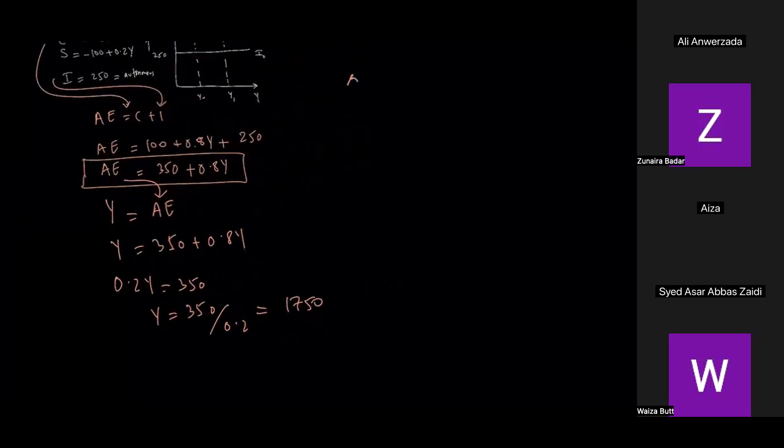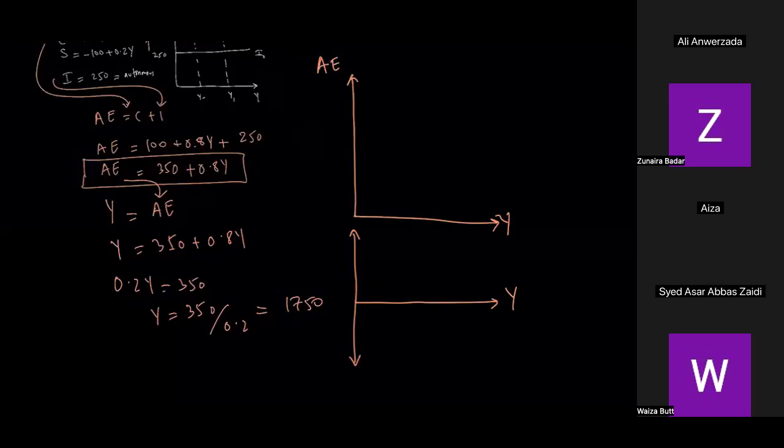But from the diagram perspective, if you see the withdrawals and injections function, we were looking at the idea that if this is your Y, this is AE, this is W comma J. So AE is equal to Y. This was my AE. My AE was like this. My AE was equal to 1750.